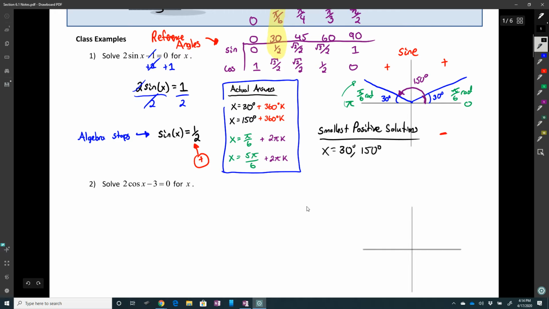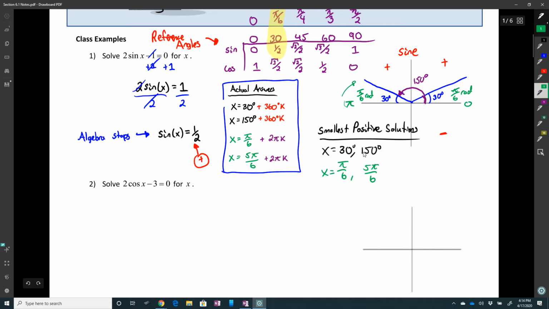So on your homework, they separate it into 2 questions. The first question wants all the answers, where you have to add in the 360k or the 2 pi k. And then the second part is going to want just the smallest, in one rotation. In this case, just 30 and 150. Or in radians, you would write pi over 6 and 5 pi over 6.